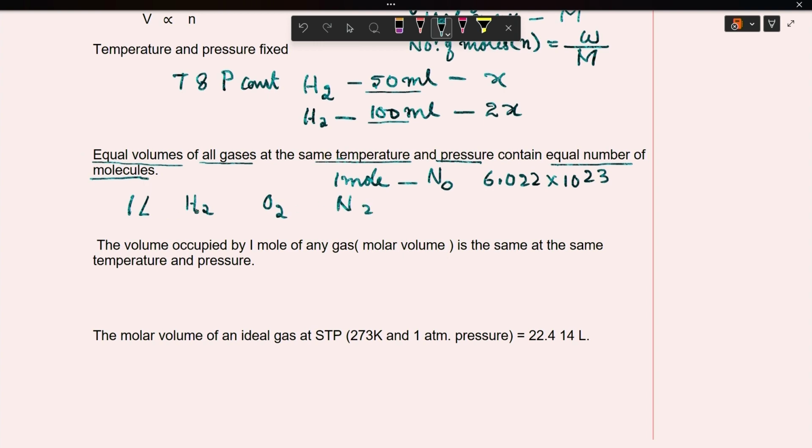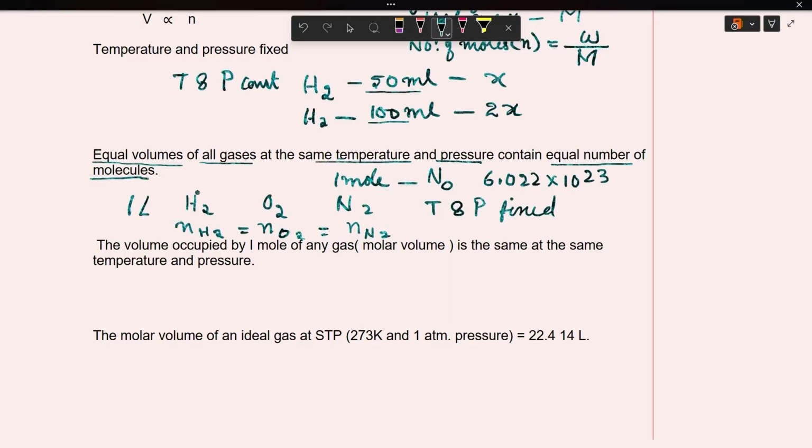The temperature and pressure are fixed, and the volume is fixed. That means the number of moles of hydrogen in that case will be equal to the number of moles of oxygen, and that in turn will be equal to the number of moles of nitrogen. So, that is one of the consequences from Avogadro's law. Equal volumes of all gases at the same temperature and pressure conditions will have an equal number of molecules.